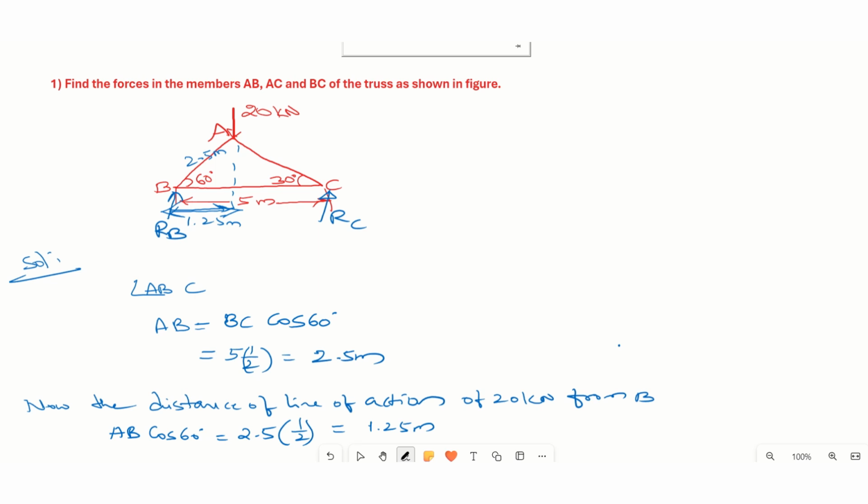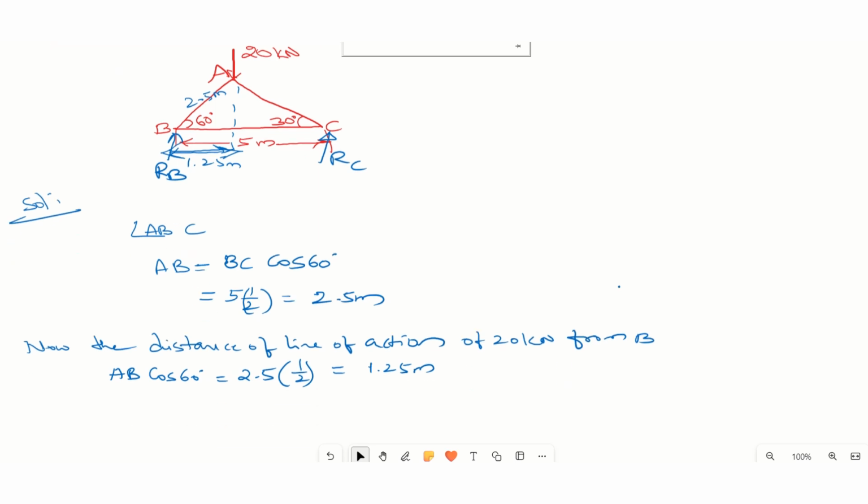Here the ends are B and C. So taking moments about point B, we'll get the reaction at C. The opposite reaction is RC, and from RC to point B the distance is 5 meters.